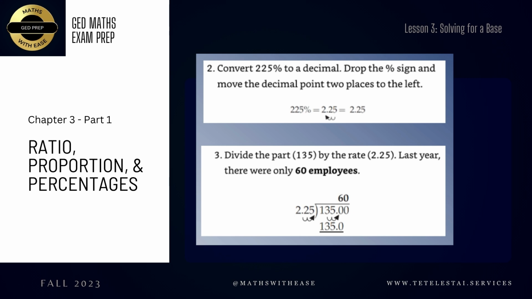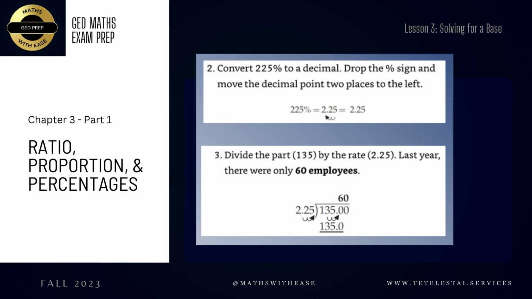But because you're dividing by a quantity that's greater than 1, in this case $2.25, you can give this amount to more people, but the number of people that you're giving this amount to is going to be less than 135.